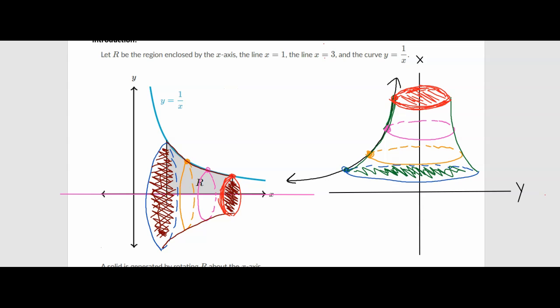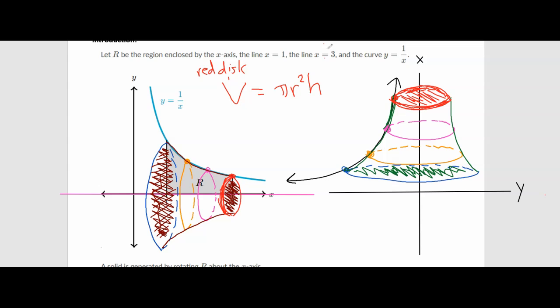Color coordinate this again. So the volume of the red disk. Volume of a cylinder is just pi r squared times h, so the area of a circle times the height or the distance between the bases. Well, what is our radius and what is our height here?